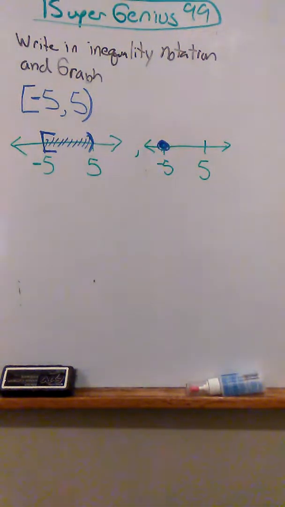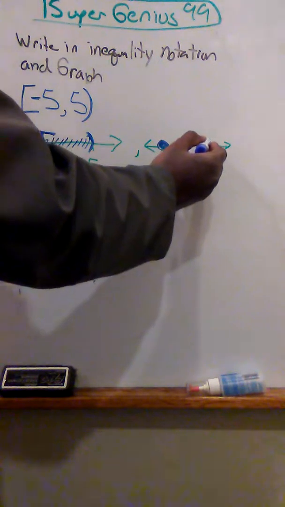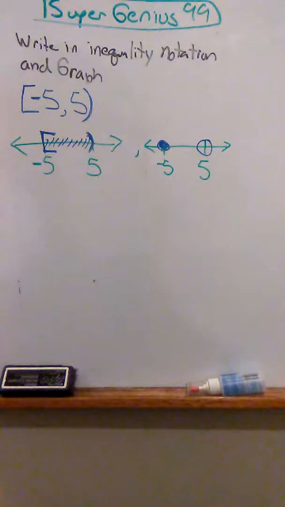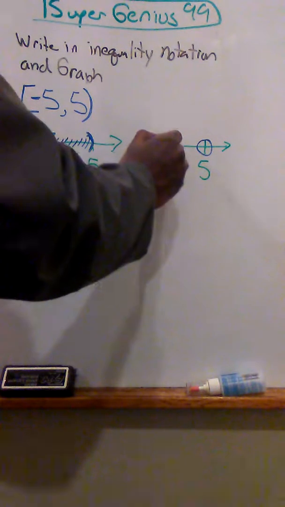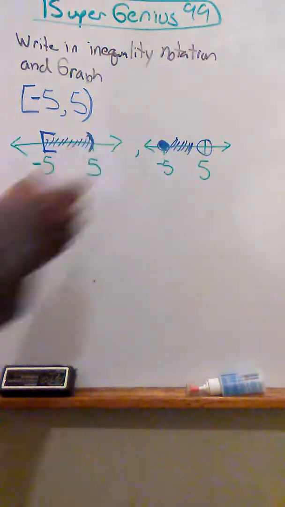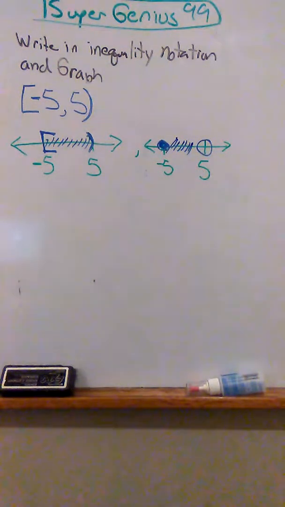And over the +5, rather than parentheses, you'd have an open circle. And then you'd shade everything in between. So had this been an answer to a question, then the answer would be -5, including -5, up until +5, and that'd be your range of answers.